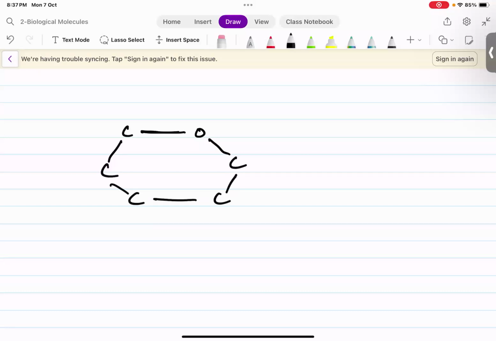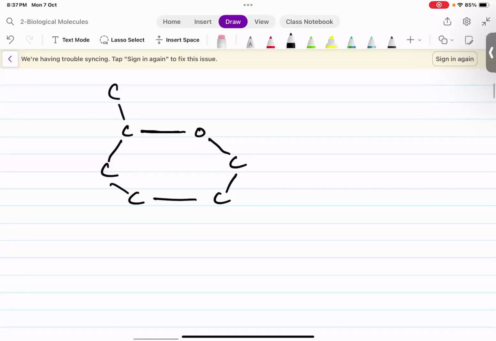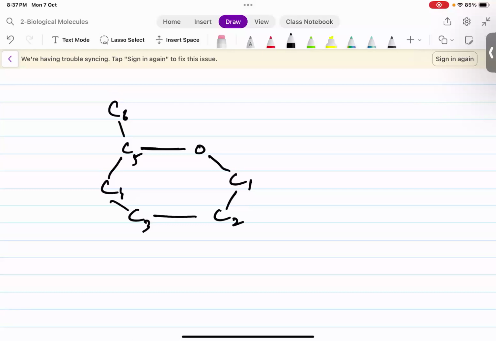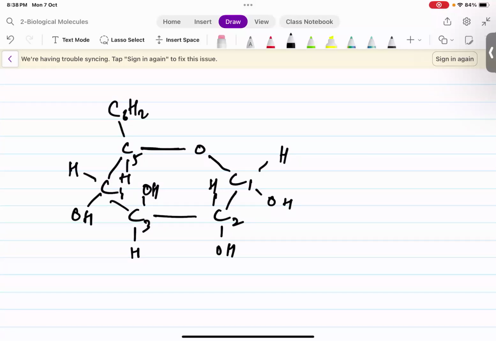It has 6 carbons, carbon 1, 2, 3, 4, 5, and 6. This has an OH group here, hydrogen here, an OH group here, hydrogen here, an OH group here, hydrogen here, an OH group here, hydrogen here, and CH2OH here. So this is an alpha glucose.